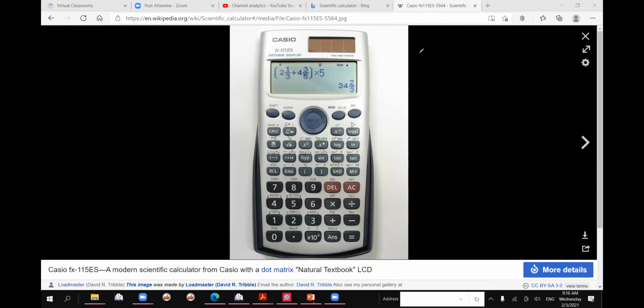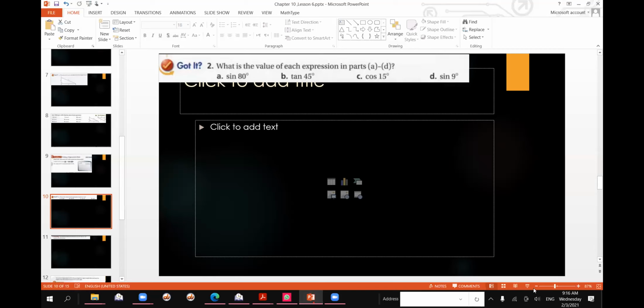Not for this lesson, but later on, if I'm asking you to find these angles, you have to use the calculator.